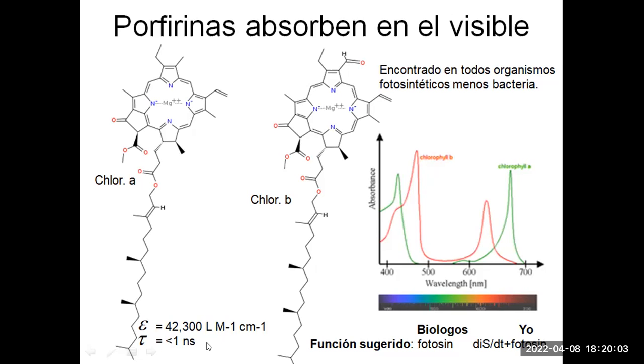So the shorter this time period, the greater the system is at absorbing and dissipating, because it goes to the ground state and is ready to absorb another photon very quickly, in this case within 1 nanosecond. But if you remember, the nucleic acids have absorption times of picoseconds, even much faster than these chlorophyll molecules.